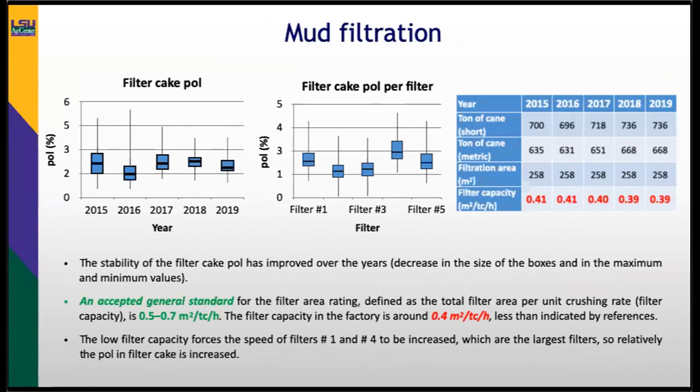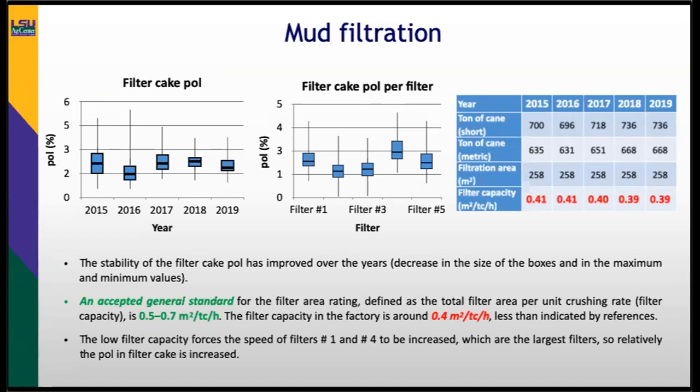You can see on the left side of the slide that during 2015 and 2016, the variability and the size of the box was higher, and the whiskers too. But at the end, during 2019, the box was smaller, and the whiskers were also shorter. So that means that the stability of the filter cake pol improved during the years.